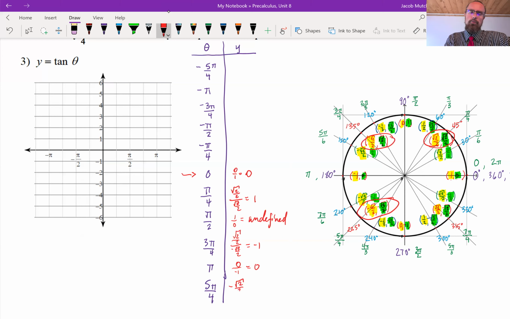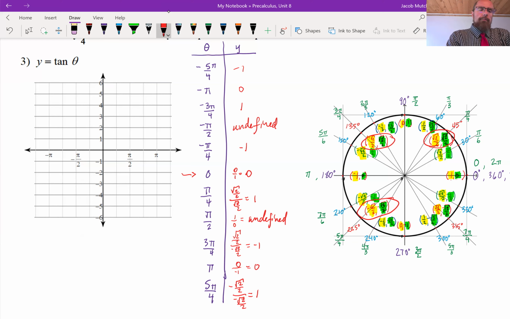So negative square root of 2 over 2 divided by negative square root of 2 over 2 has the value of 1. So I'm starting to see a pattern that I can use. Basically, I go from undefined to -1, 0, 1 to undefined. So if I just back up, negative pi over 4 is -1, negative pi over 2 is undefined, and then negative 3 pi over 4 is 1, 0, negative 1. So you can quickly fill in your table once you identify the pattern, which essentially is noticing the period of the function.